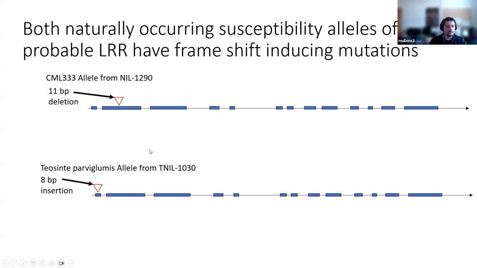So as I mentioned, there's the 11 base pair deletion in the CML333 allele. The teosinte allele has an 8 base pair insertion in the first exon. So there's a plausible reason why it's the same gene in that population as well.